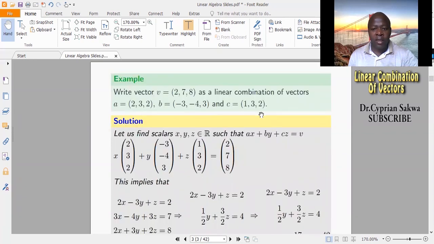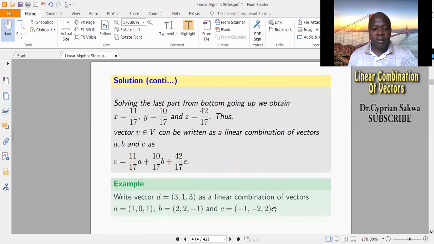So that means after finding the scalars, substitute them here. That's what I did. I found that v was equal to 11 over 17a plus 10 over 17b plus 42 over 17c. We've written it as a linear combination. So v is a linear combination of these other vectors.